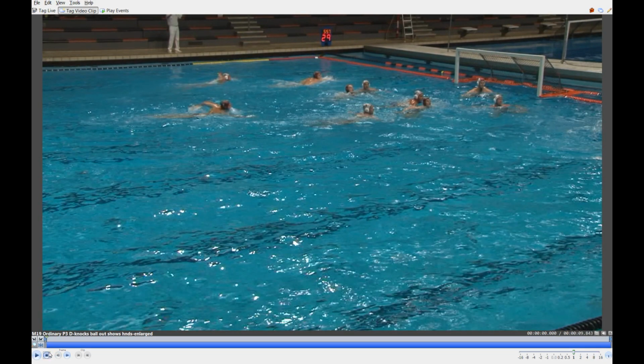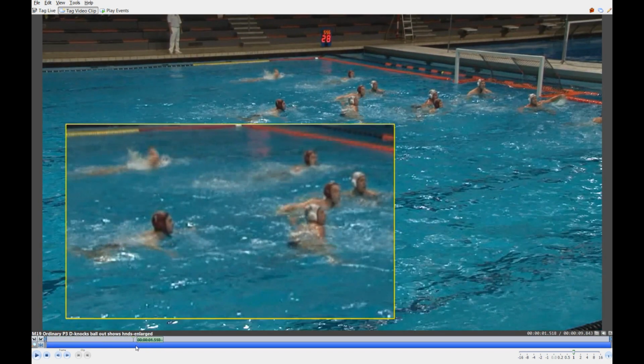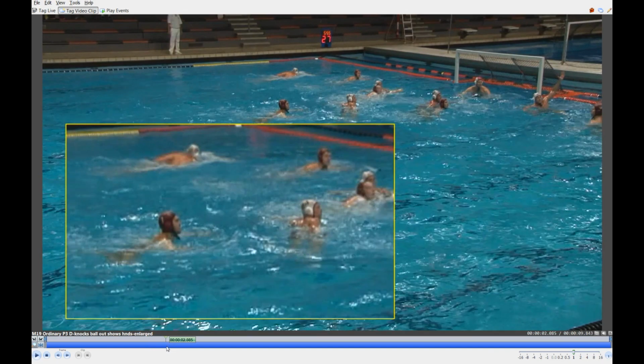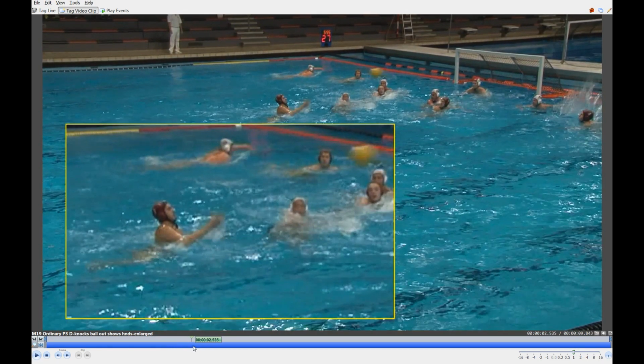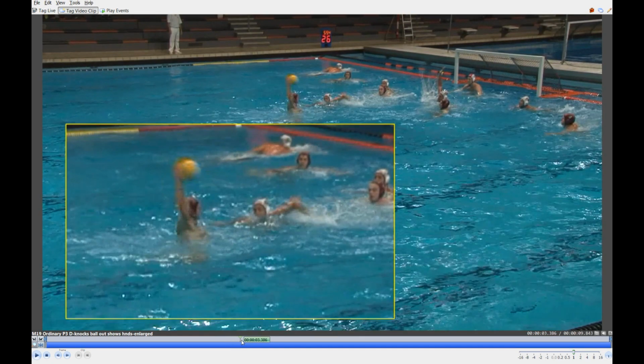Now I enlarged it so you can get a good close-up and watch the technique by the defender. And now we can break it down. And you can see the ball come into the offensive player, number 7.